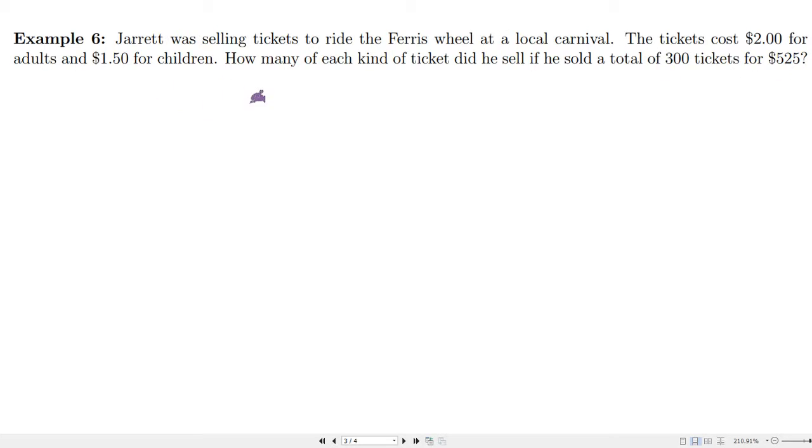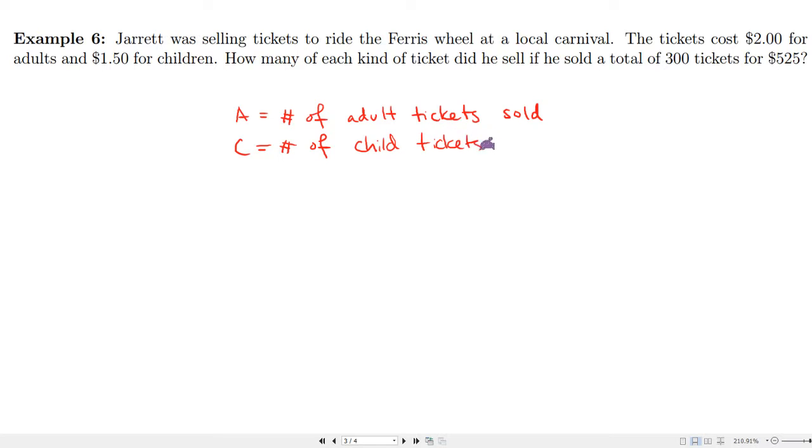Okay, so let's say that A is number of adult tickets sold, and C is number of child tickets sold.